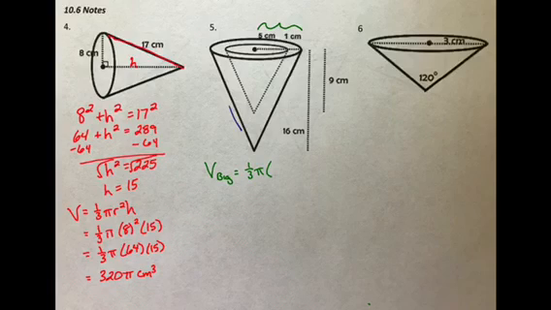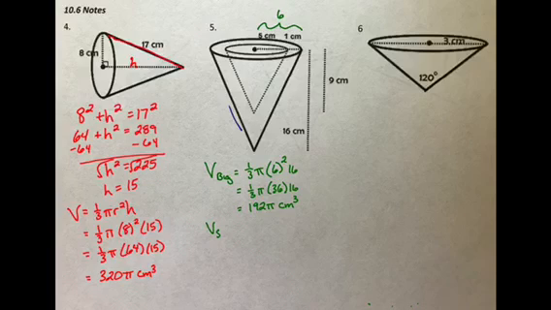So I would have to take that 5 plus the 1 to get 6. And then the height of the large cone is 16. So when I square the 6, I get 36. So now I take 1/3 times 36 times 16, and I get 192 pi centimeters cubed.